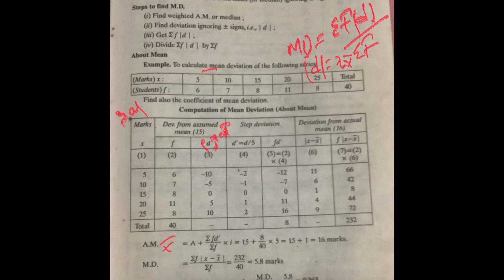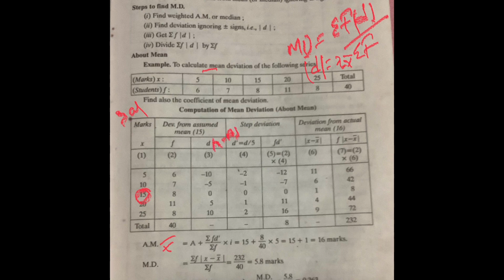Here d means x minus a. You have to assume a mean from this. We have assumed a is equal to 15. Now d is equal to x minus a.